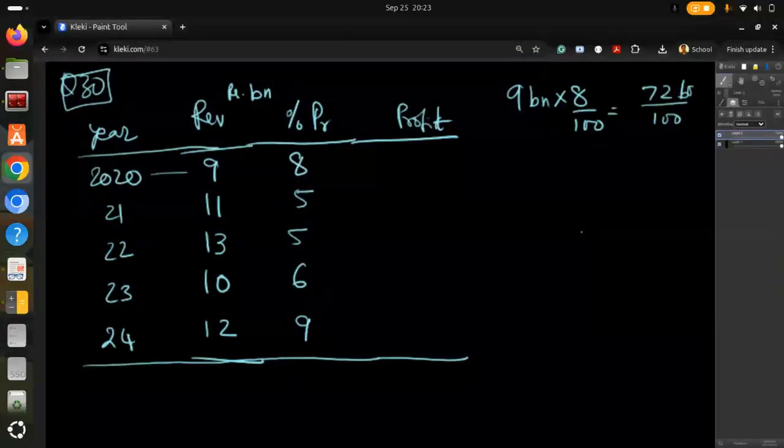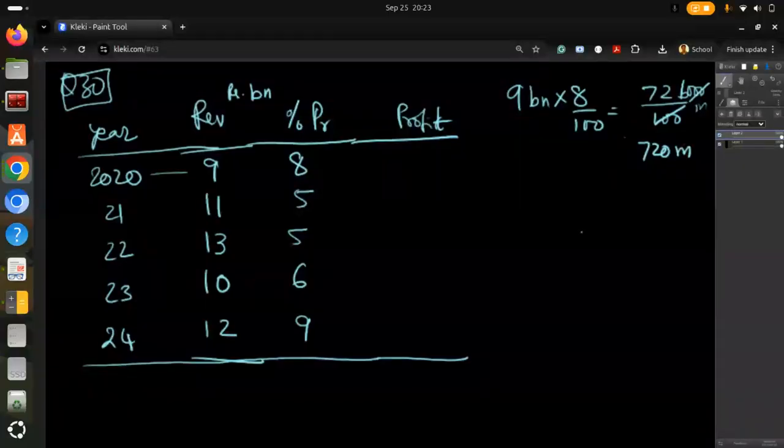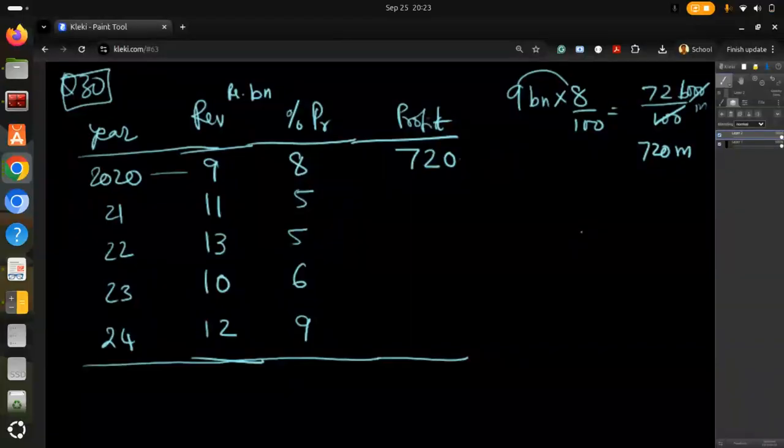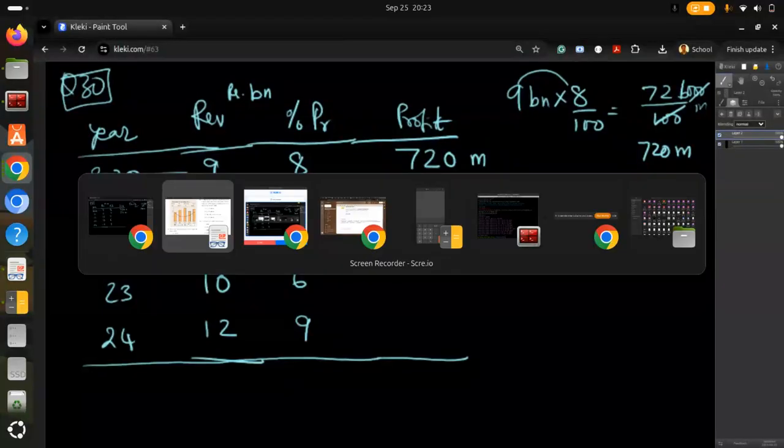If I say billion is 1000 million, then I remove zeros and get 720 million. To avoid all this confusion, simply I multiply these two numbers. So I get 72, then I put a 0 and say million. 11 into 5 is 55. I put a 0 and put a million.